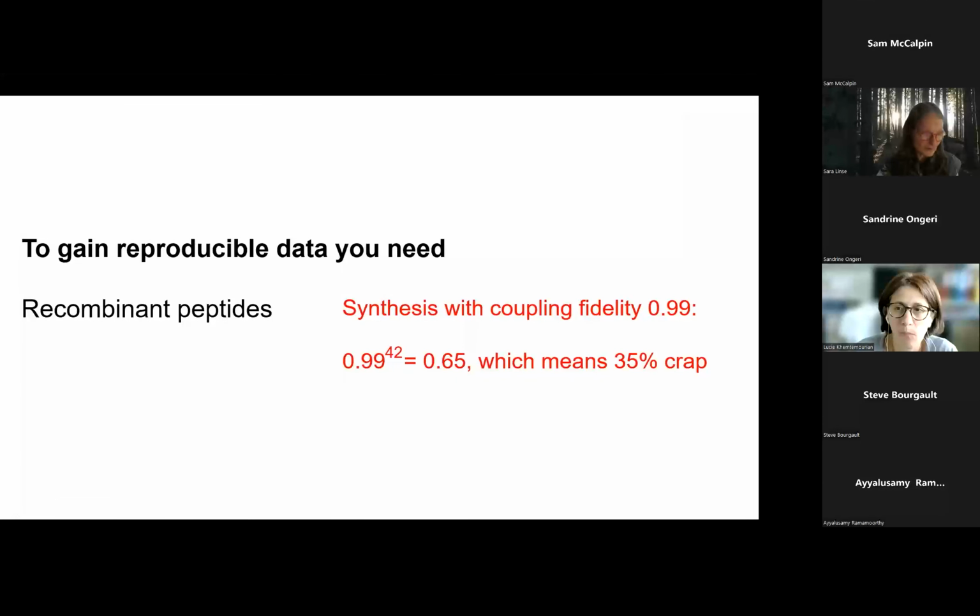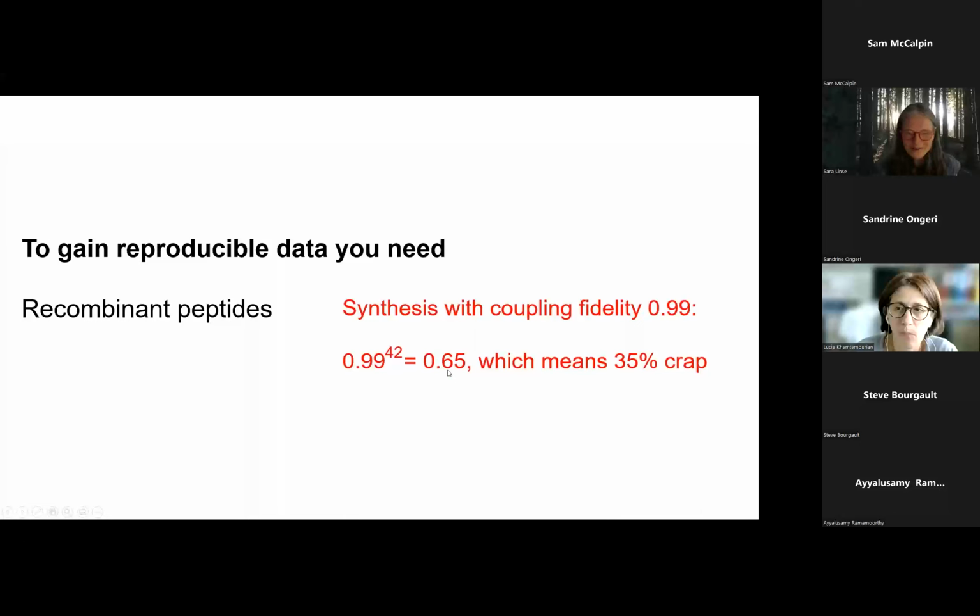So if we start with the point about recombinant peptides, this is just a mathematical example. If you do chemical synthesis and the coupling fidelity is 99%, you can calculate by taking 0.99 raised to 42, for the example of A beta 42, that you will have 0.65. So the yield is 65%.